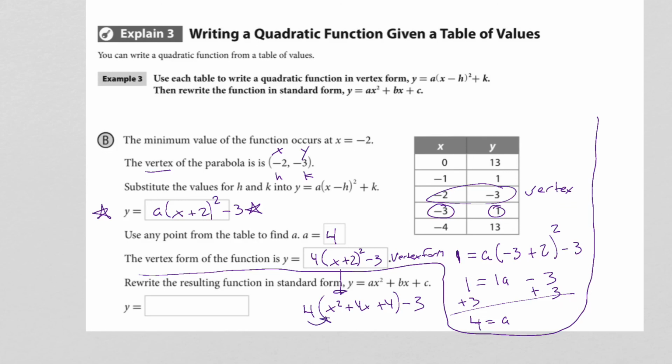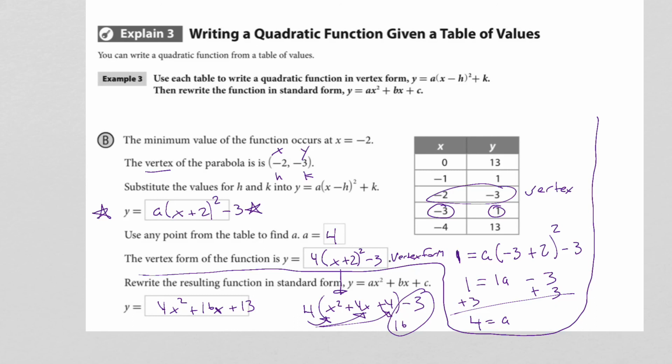So you got to multiply everything out. 4 times x squared is 4x squared. 4 times 4x is 16x. And then 4 times 4 is 16, but it's 16 minus 3. So there you go. There's the standard form of the equation.